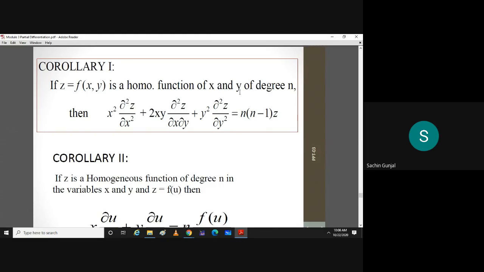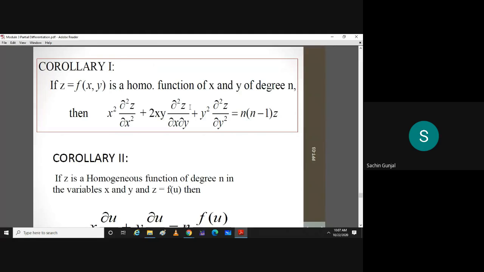Can you find it? 6 into the bracket x cube plus y cube. Right. 3 into (3 minus 1), that is 2. So 3 into 2, 6 into the function u. Got it? Please understand that I have not calculated partial derivatives, and you should also do the same.